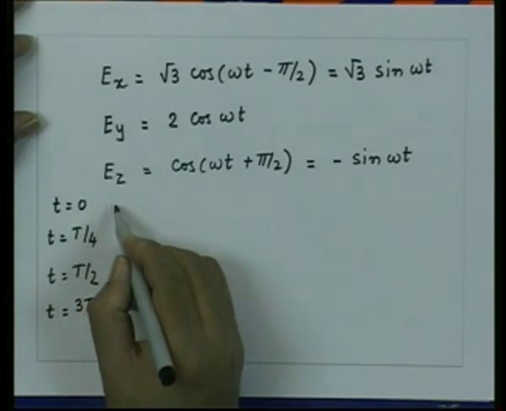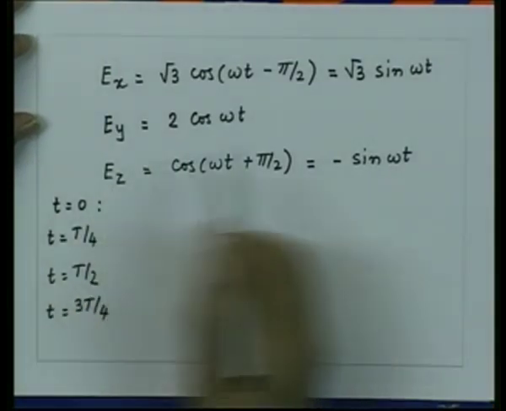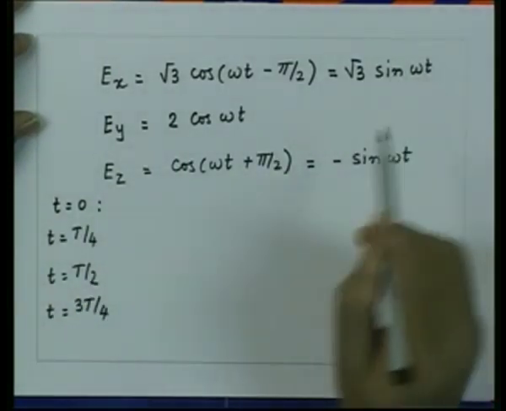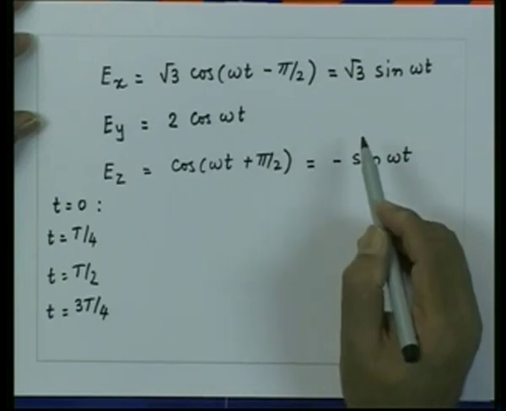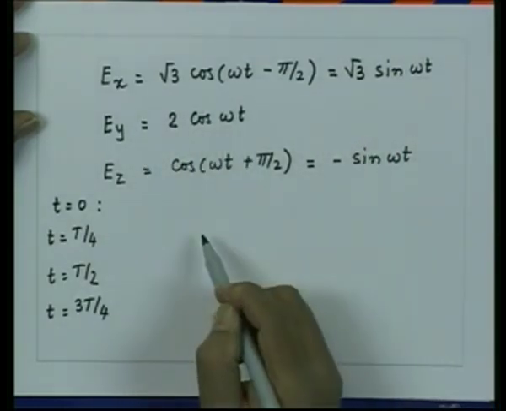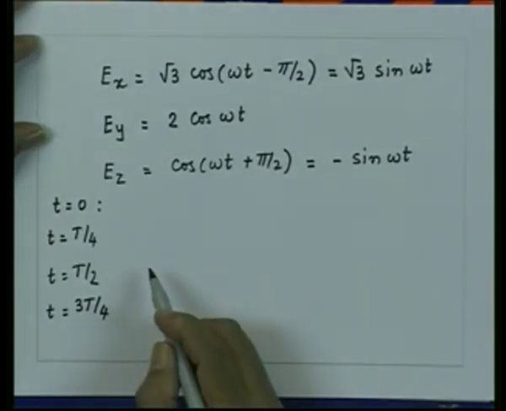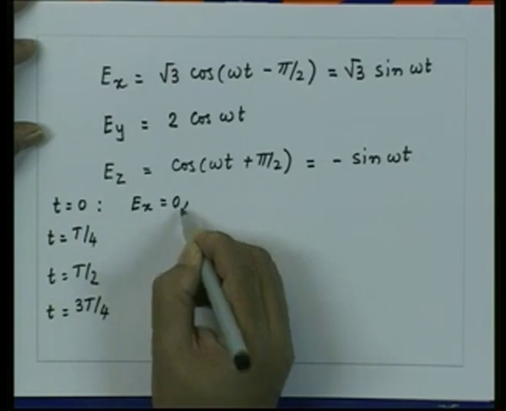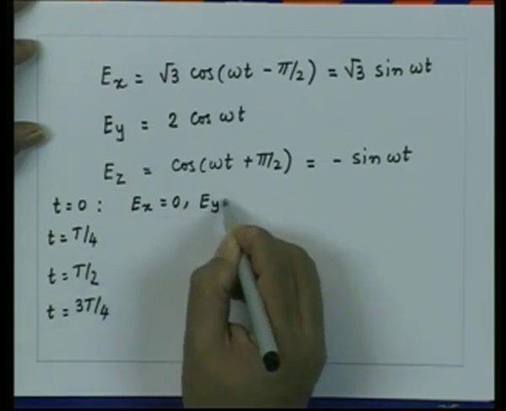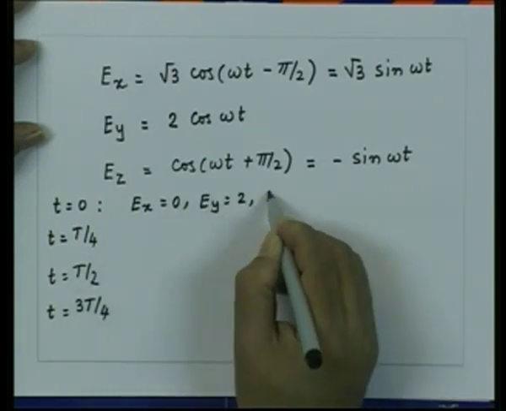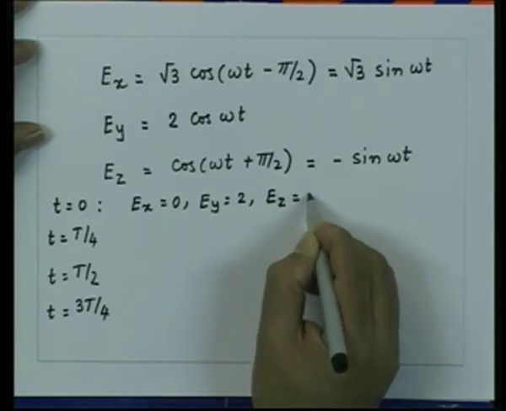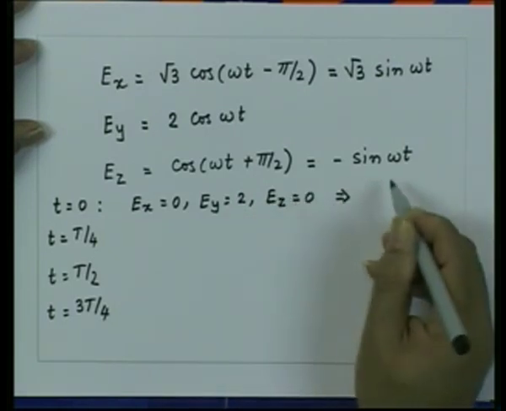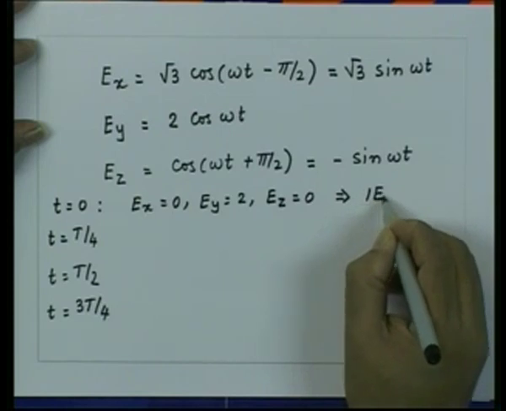At t equal to 0, this field will be 0, this will be 2, and this will again be 0. So you have E x equal to 0, E y equal to 2, and E z equal to 0, giving mod of E equal to 2.